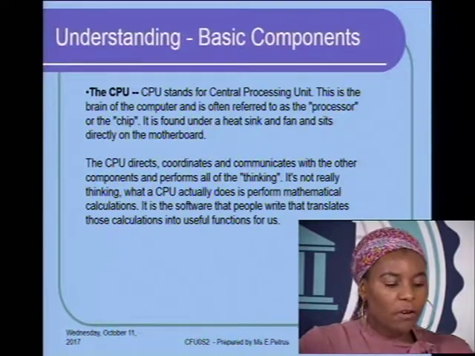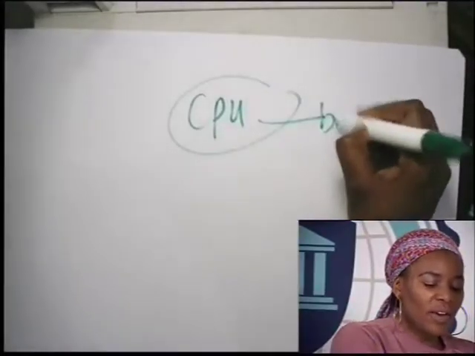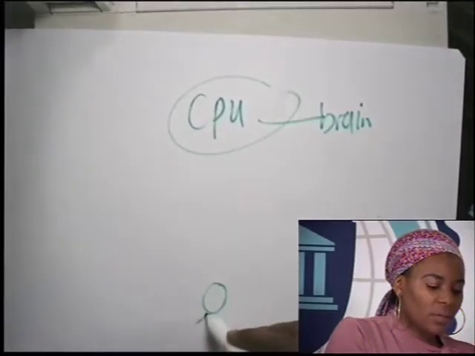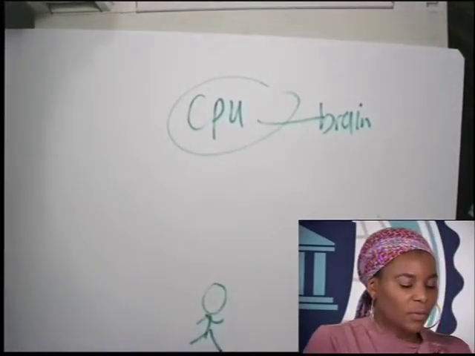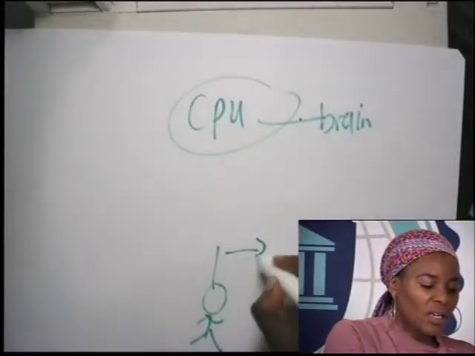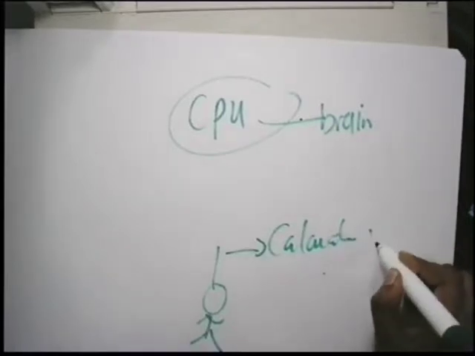So now when you're talking of a CPU, this is the computer brain. Let's say this is you as a person. You are putting in some calculations in the computer, right?